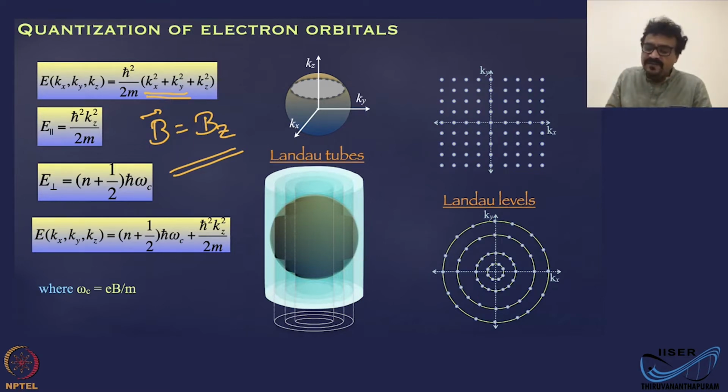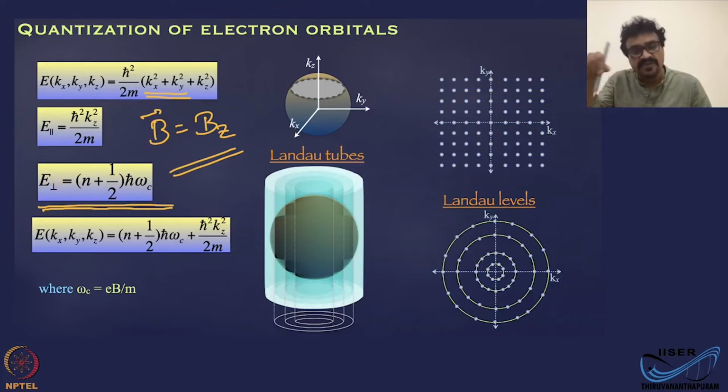Now, from basic quantum mechanics, we know that the energy corresponding to that motion is given by E perpendicular equals n plus 1 by 2 h bar omega c, where E perpendicular defines the energy which corresponds to the motion perpendicular to the field. Okay, and omega c, that is the cyclotron frequency, is given by eB by m, where e is the electronic charge, m is the mass, and B is the field.